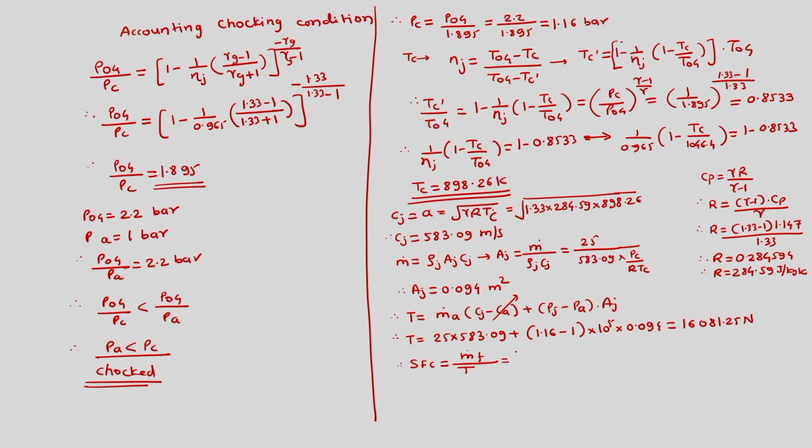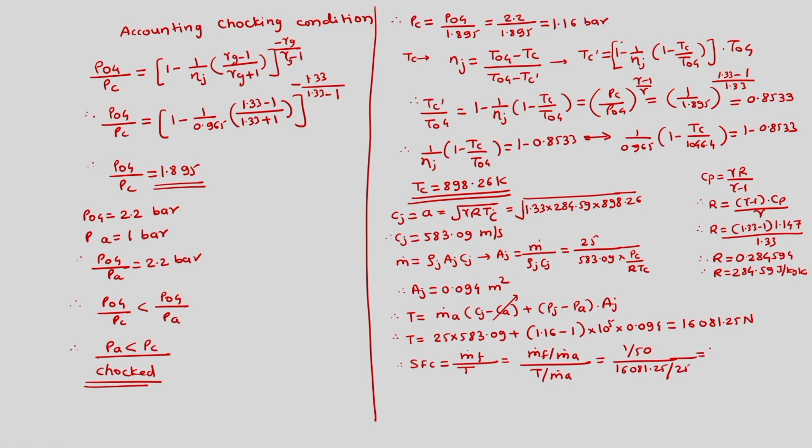So, let us find out, since we are given the air fuel ratio, let us use that. Let us divide numerator and denominator by m dot a. So, air fuel ratio is given as 50. So, this is 1 by 50 and this is 16081.25 divided by 25.